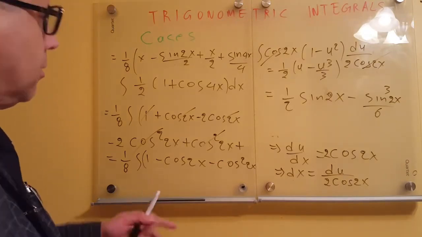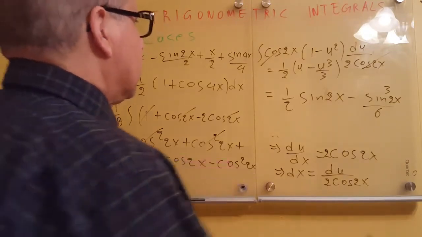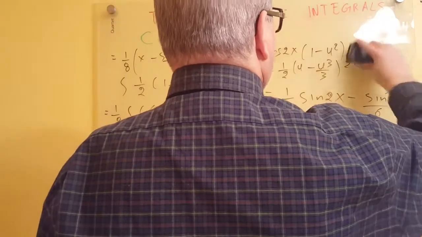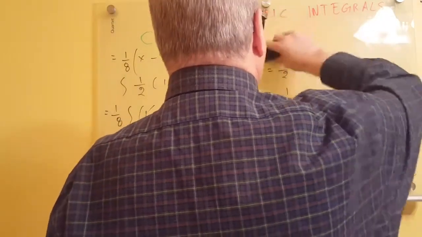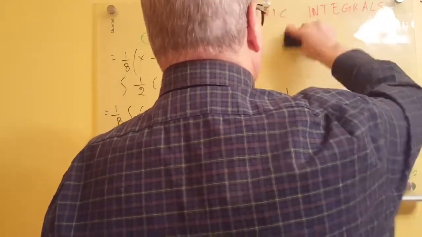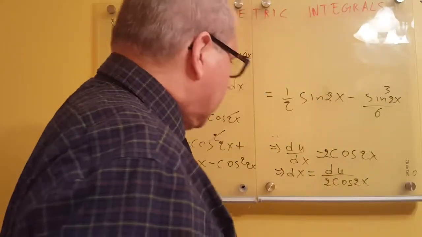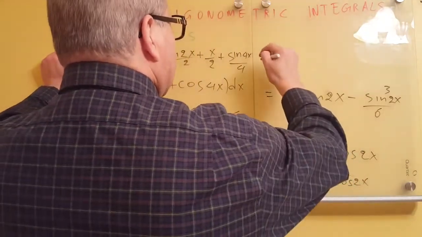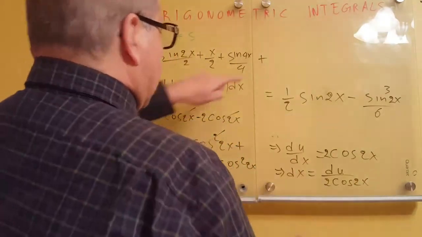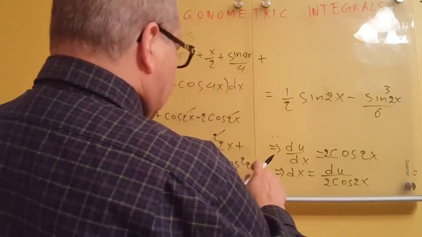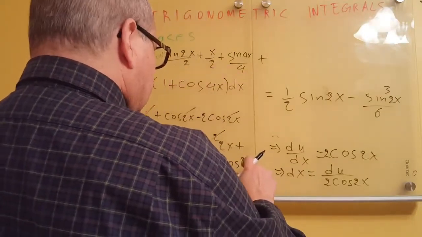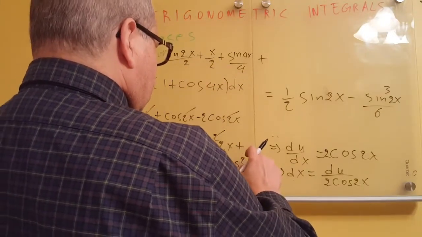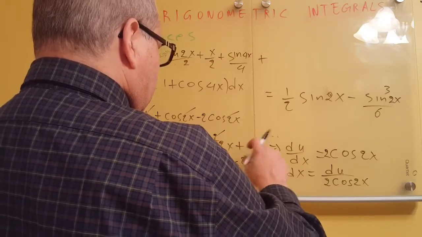Okay, so I just go and I substitute it here. And that will be my final answer. So just go and I substitute here, we're just missing the cos to the third of 2x.